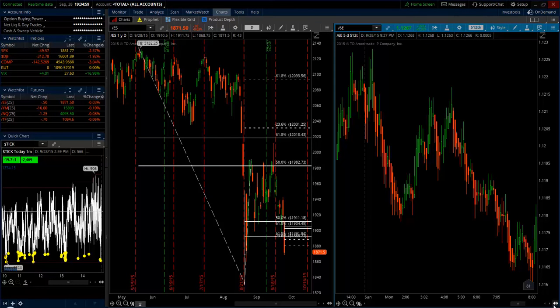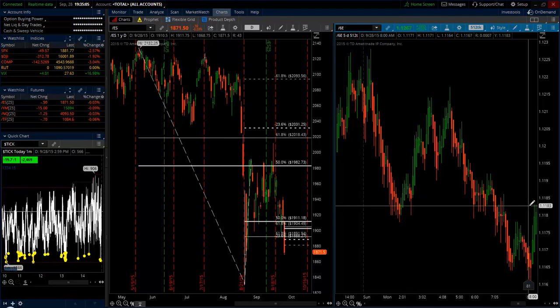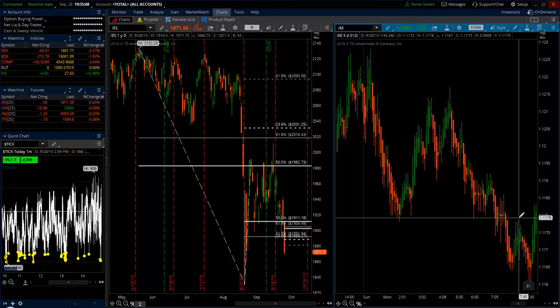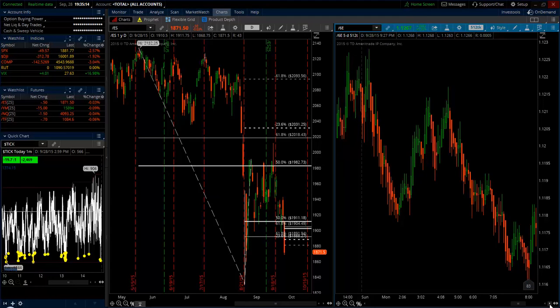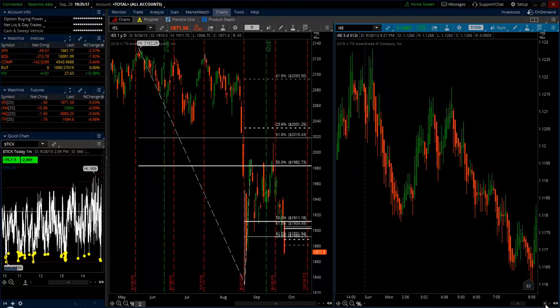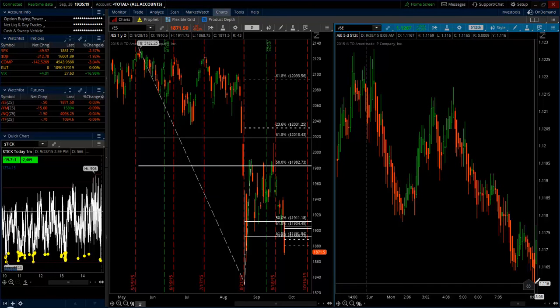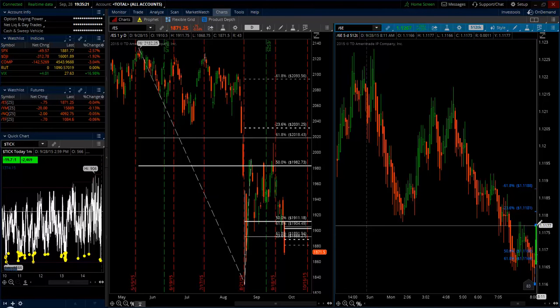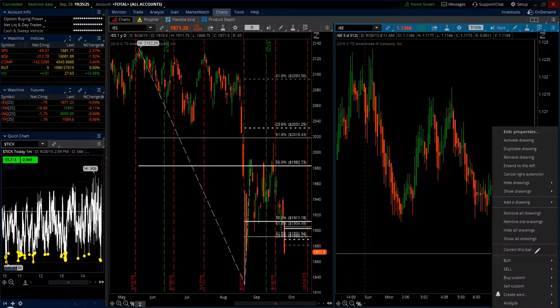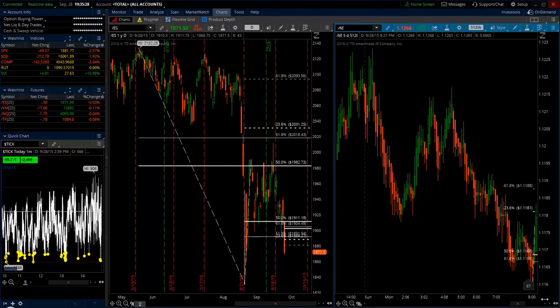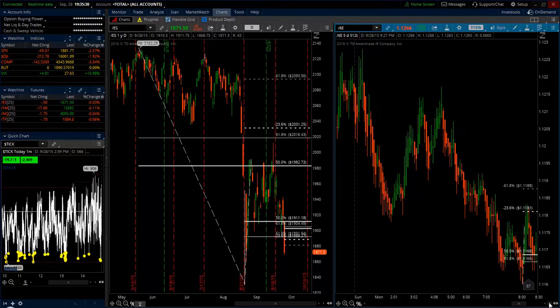So we broke, and the next thing, once you identify the break of the prior swing high and the established low, is to draw the Fibonacci retracement from lows to highs. As we do that, from lows to highs, the next candle forms and goes a little bit higher.